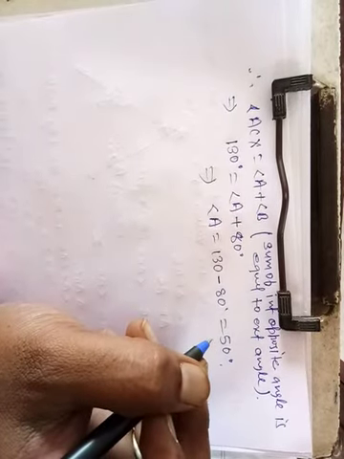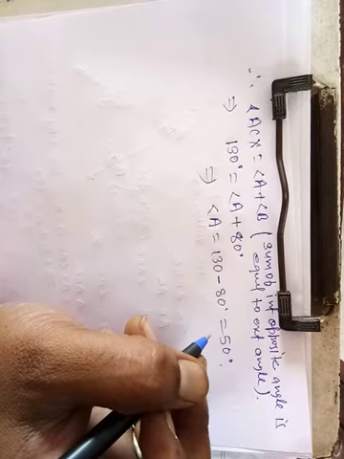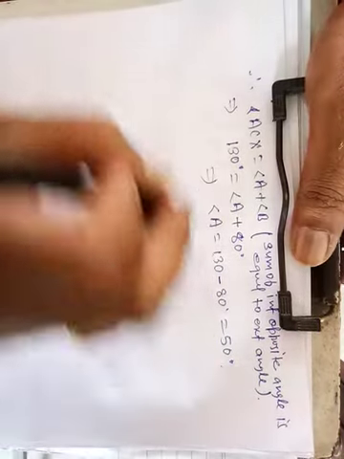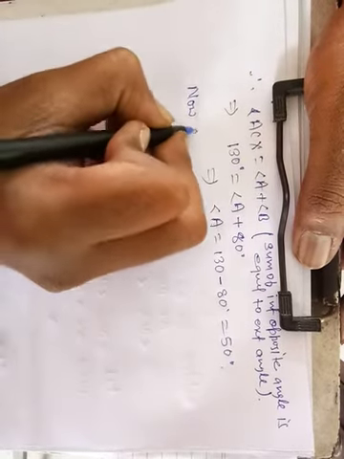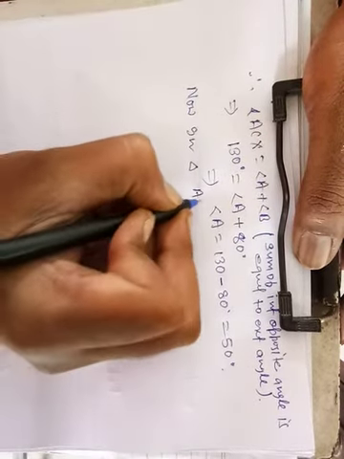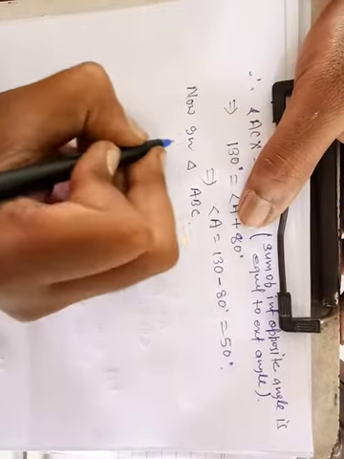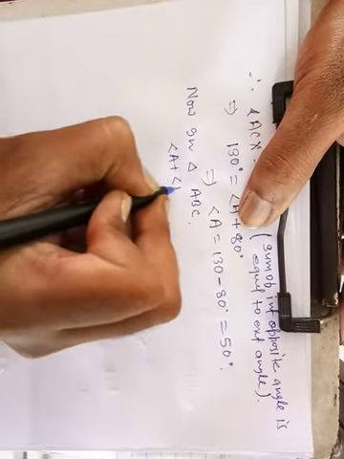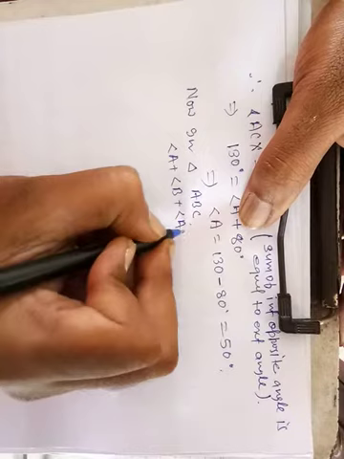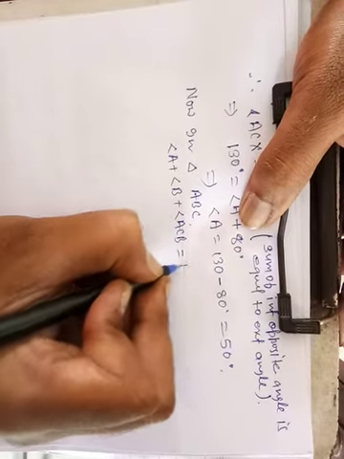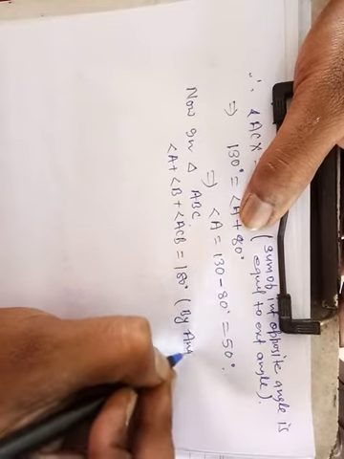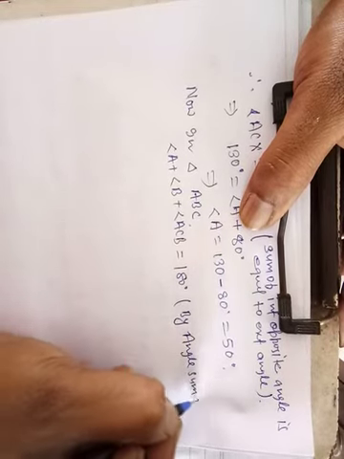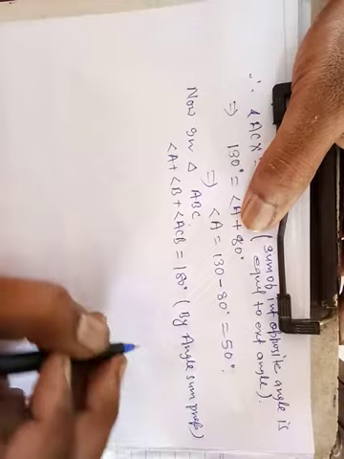Now you have to find, see, now in triangle ABC, angle A plus angle B plus angle ACB, what will be the sum of all three? 180 degrees, by which property? By angle sum property.